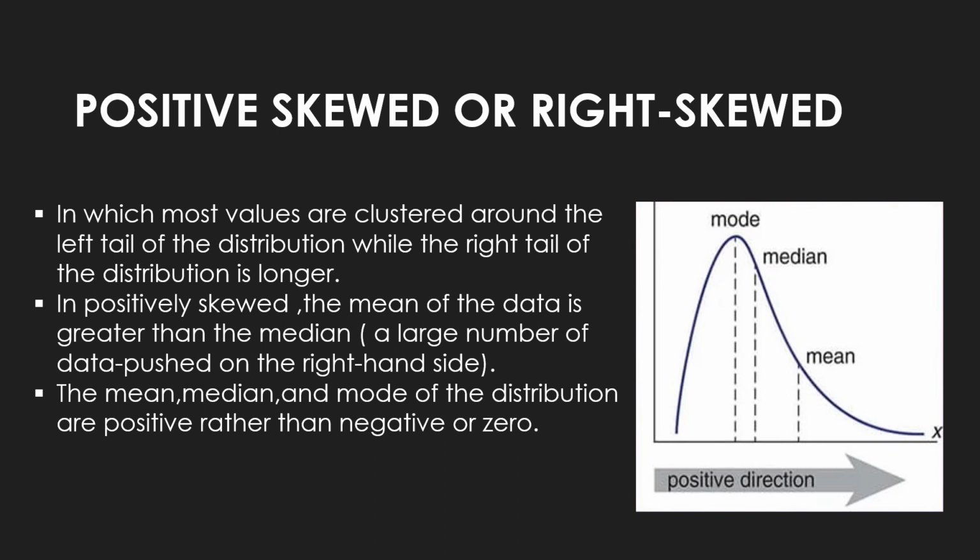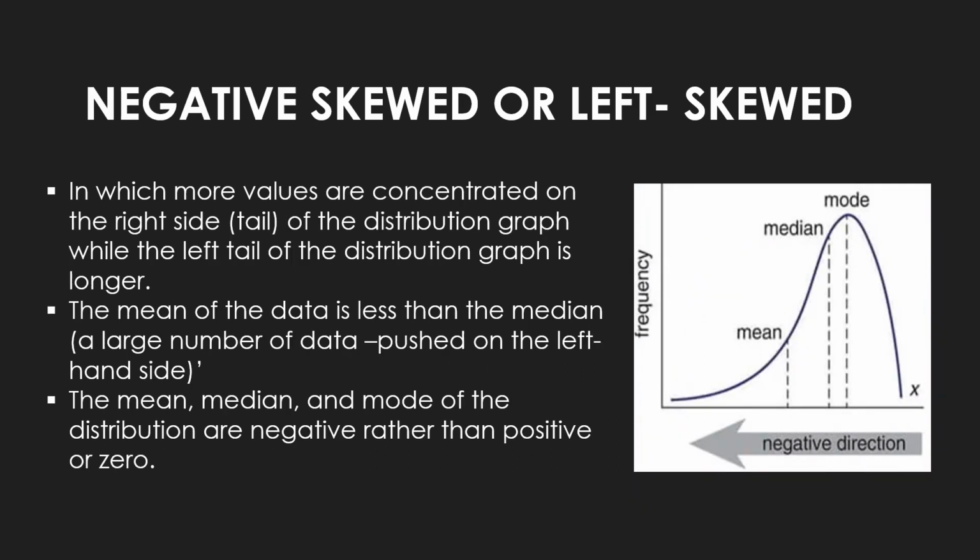In positively skewed, the mean of the data is greater than the median. Actually, a large number of data is pushed on the right hand side. Here, the mean, median, and mode of the distribution are positive rather than negative or 0.